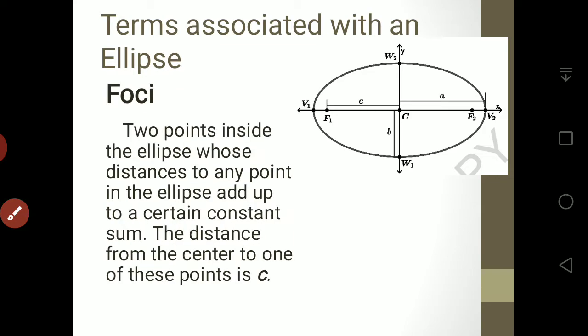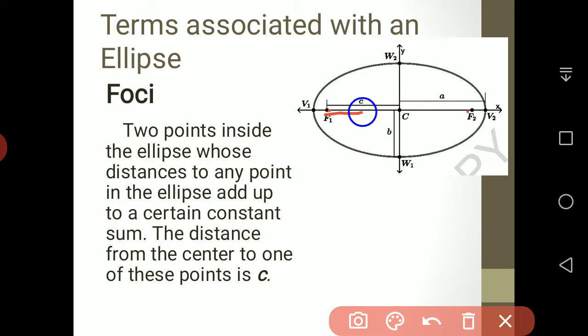We move on. Have the foci. The foci are actually in our definition. These are 2 points inside our ellipse, and their midpoint is actually the center.